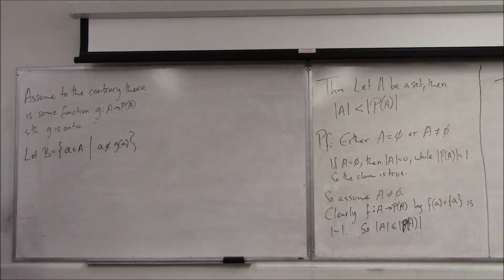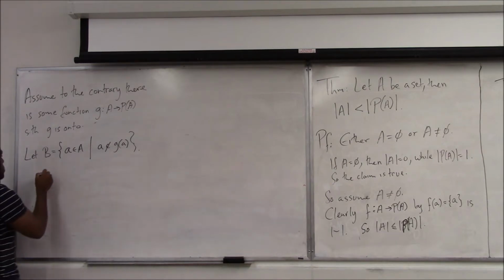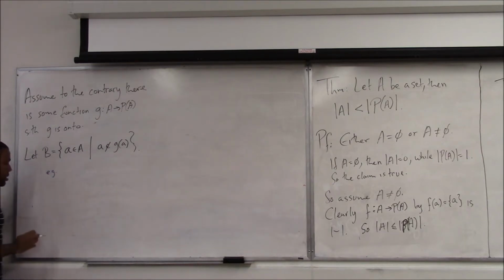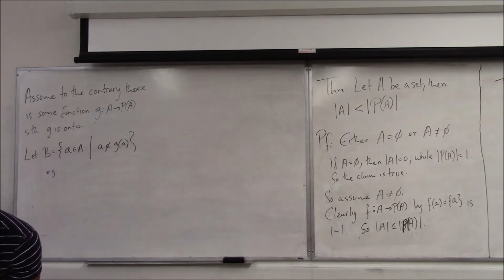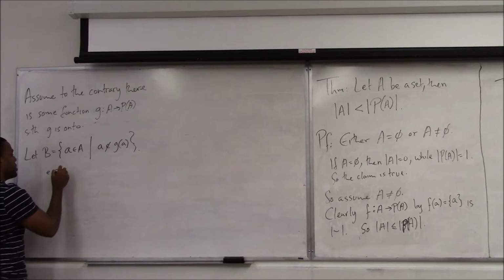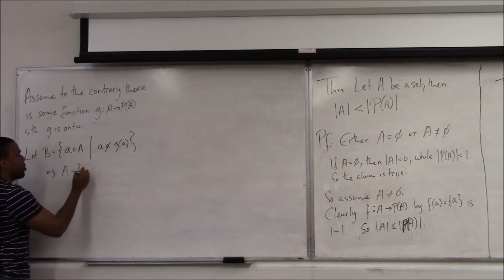Now, that might be a little confusing, so let me explain with an example. Let A be the set {1, 2, 3}.